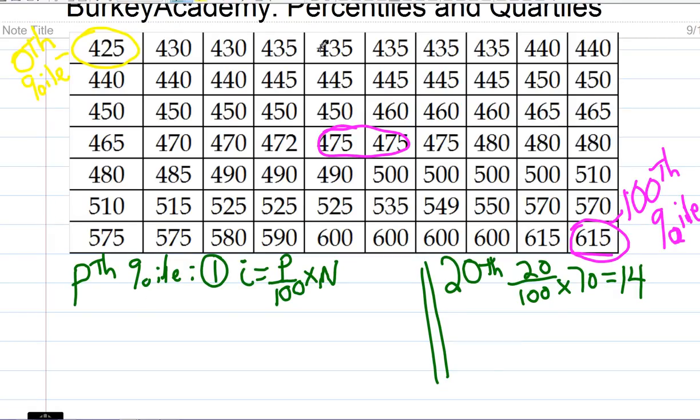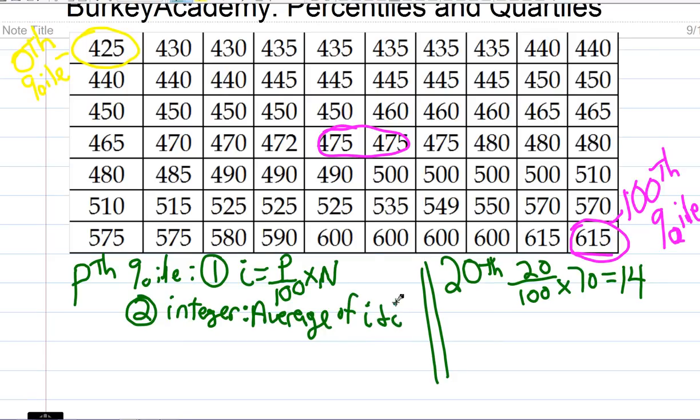Now the second step says, look and see if that I that you just calculated is an integer or not. So if it's an integer, then what the rule says is your percentile, the number that marks that percentile, is going to be the average of I and the next one in the list, I plus 1.